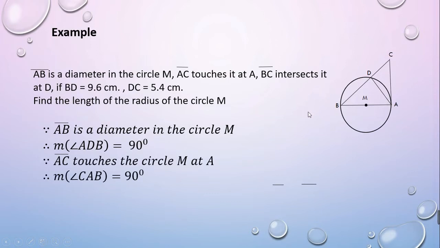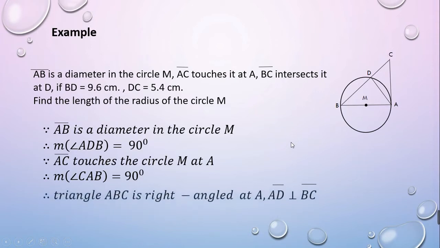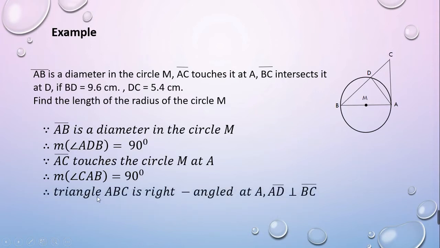So we can easily apply the Euclidean theorem: AB equals the square root of BD times BC. This is from previous knowledge from Prep 2. So triangle ABC is a right-angled triangle at A and AD is perpendicular to BC.